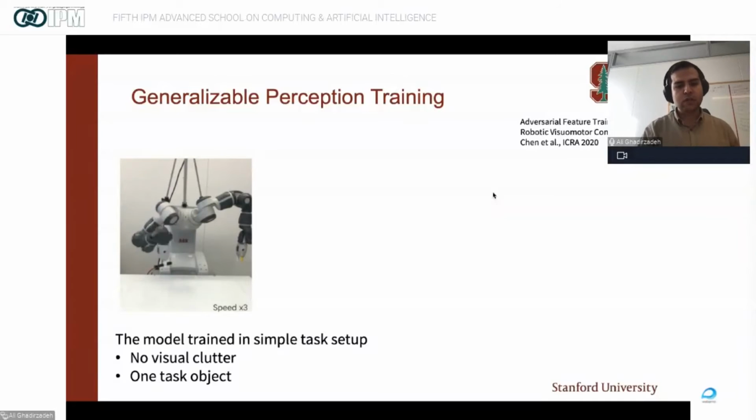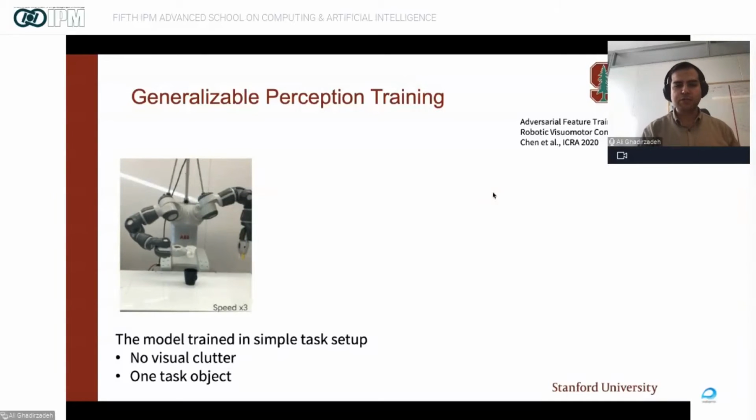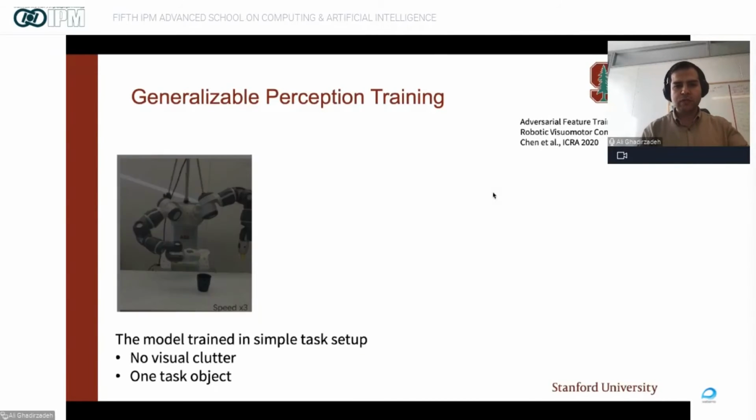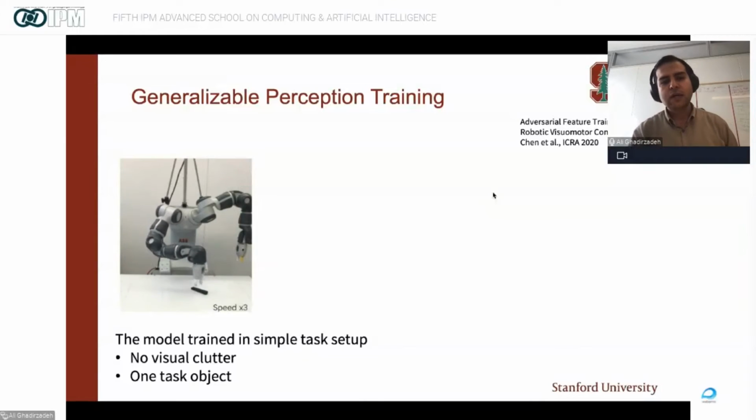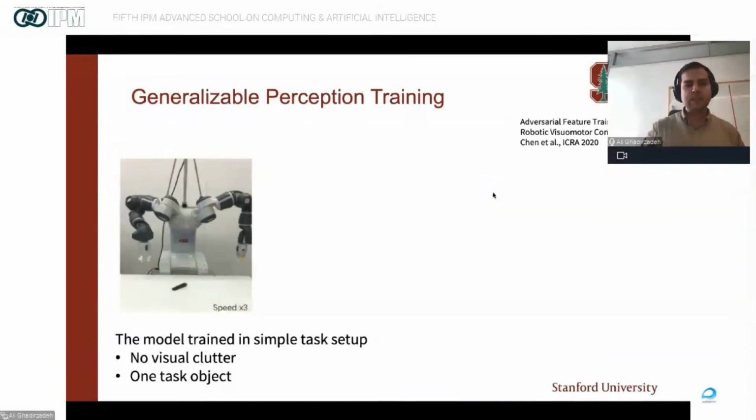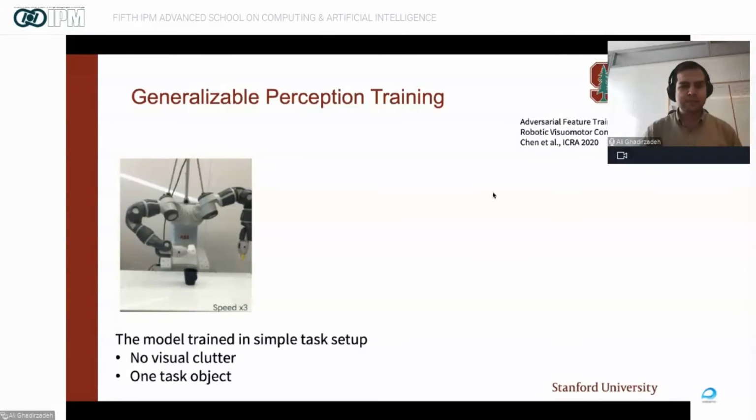We don't have any visual clutter, and we only have one task object in the scene. To remind you, this policy is trained by first training the generative model, and then learning the policy layers based on the expectation maximization algorithm that I explained.